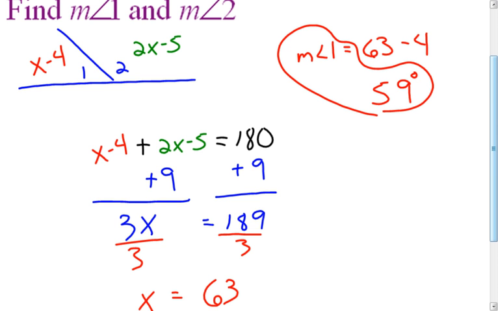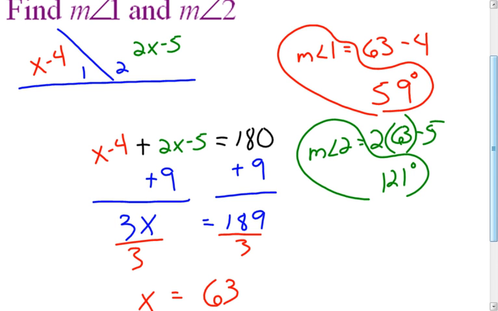Move on to the measure of angle 2. Well, the measure of angle 2 is 2 times my x value, which is 63, and then minus the 5. Well, 2 times 63 is 126, and 126 minus 5 is 121 degrees.